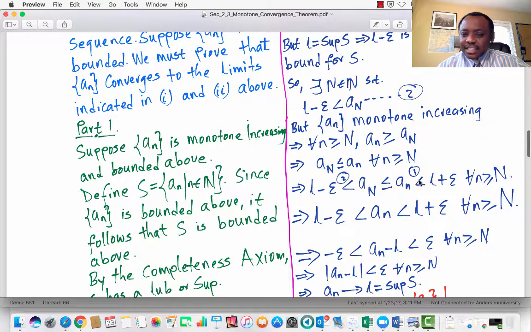So an is less than L plus epsilon, and this chain is possible whenever n is greater than or equal to uppercase N. In other words, L minus epsilon is strictly less than an, which is strictly less than L plus epsilon for every n greater than or equal to uppercase N.